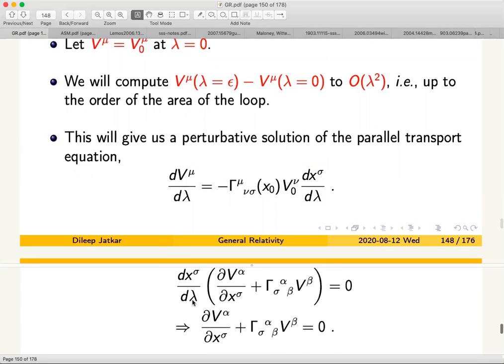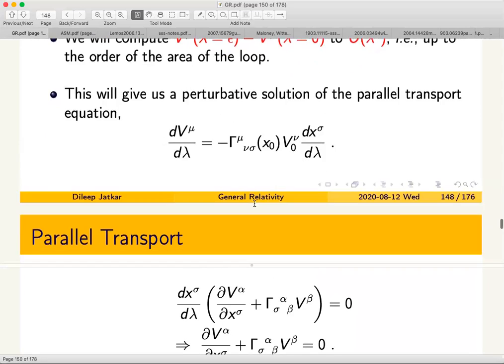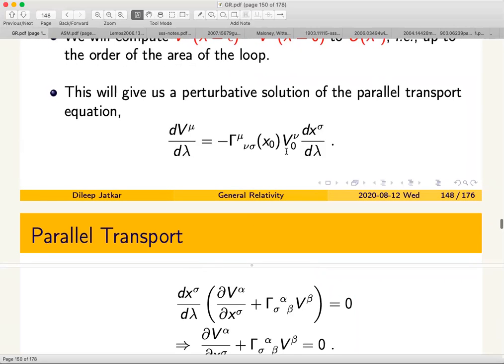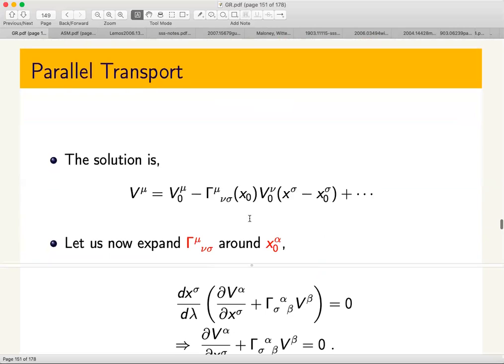So there was dv by d lambda equals some gamma factor, and what one does is substitute v0 here and ask what is v mu by solving this. Then we solved that and got a first correction around v0 mu.